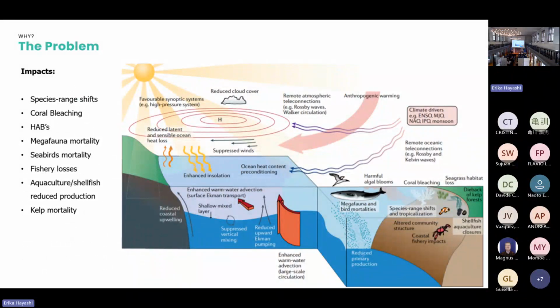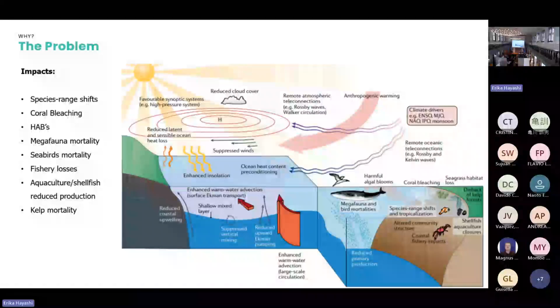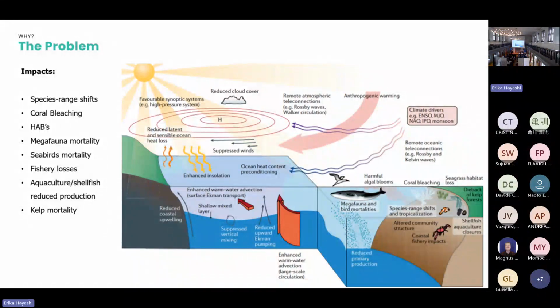The impacts themselves can range, as said earlier, from marine life, but also other tipping points in ecosystems and the climate overall system, the Earth system. There are well-documented studies on algal blooms, coral bleaching, megafauna, and even seabirds and mammals.